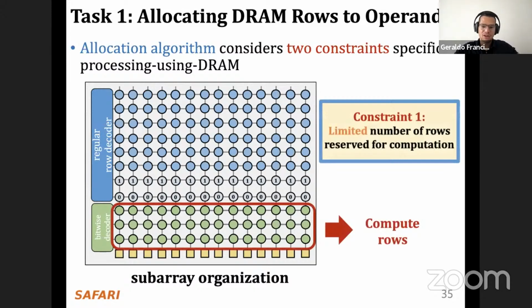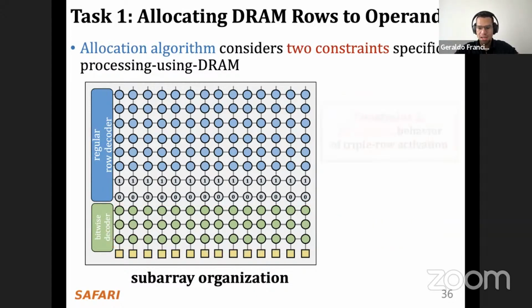First, the number of compute rows that we have in a DRAM subarray is quite limited. Here we only have 16 addresses, or 8 rows, I guess. But anyway, the fact is that we have a limited number of compute rows assigned to do the computation.